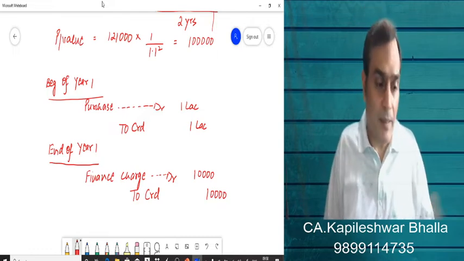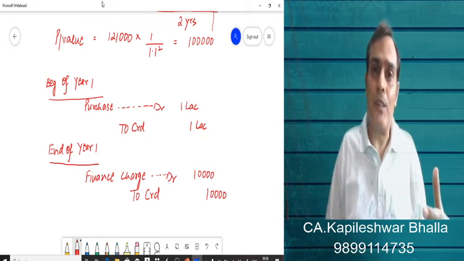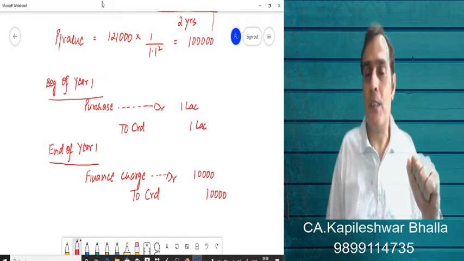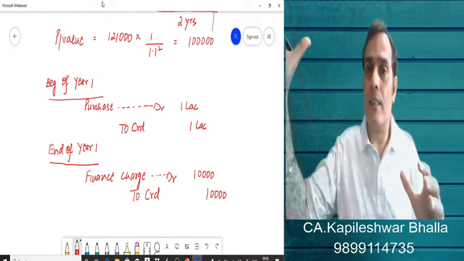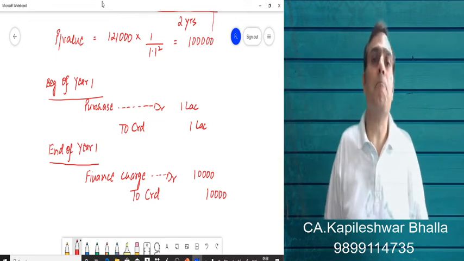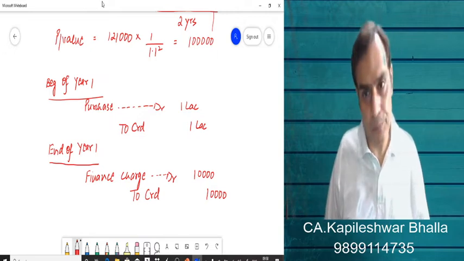So does that mean that the concept of unwinding of discount is like compounding the same values for which we took a present value? Exactly. If you say that first you did a discounting and then you did a compounding, then that compounding is technically called unwinding of discount.